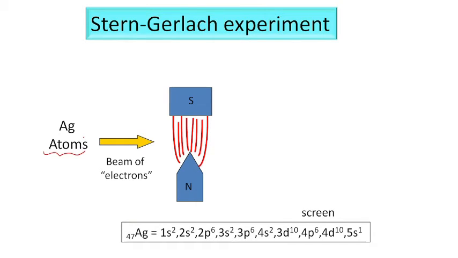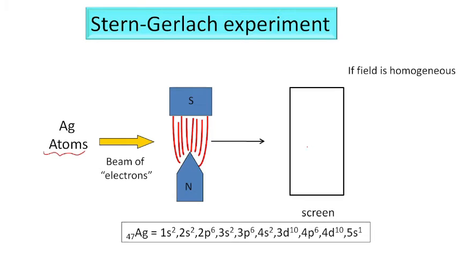Now, when the collimated beam of these silver atoms passes through the inhomogeneous magnetic field, we get the responses. Here is the detector screen. So what kind of response are we getting? If the field is homogeneous, then we get a spot like this.